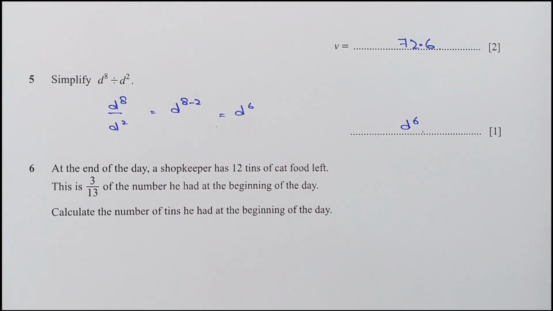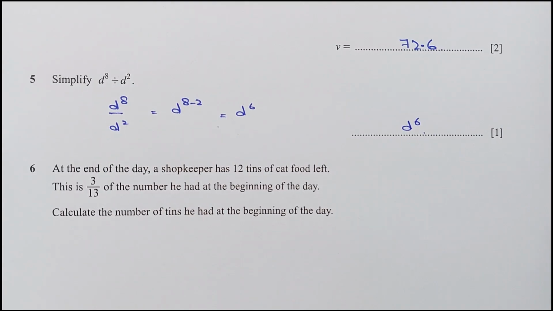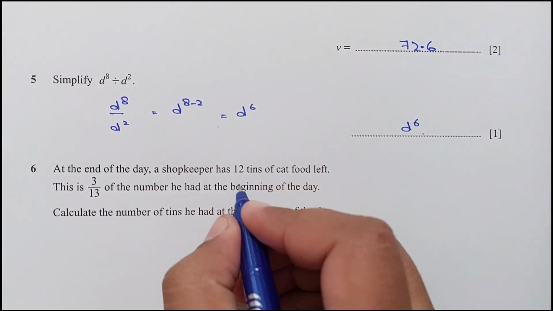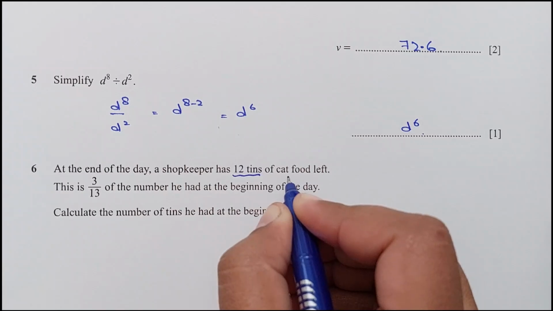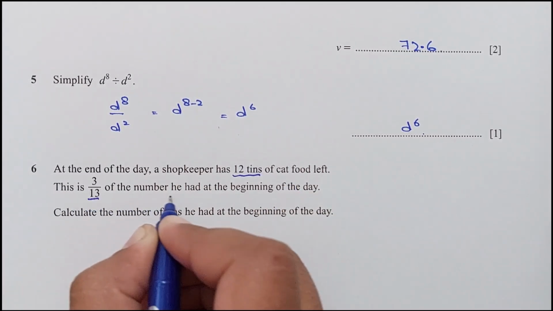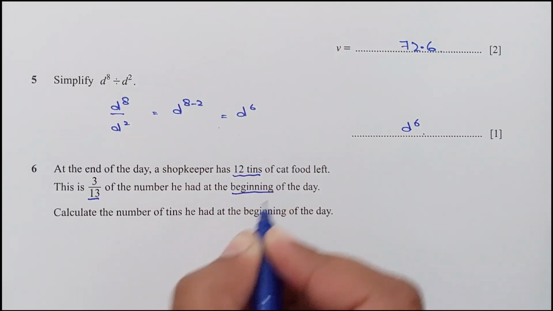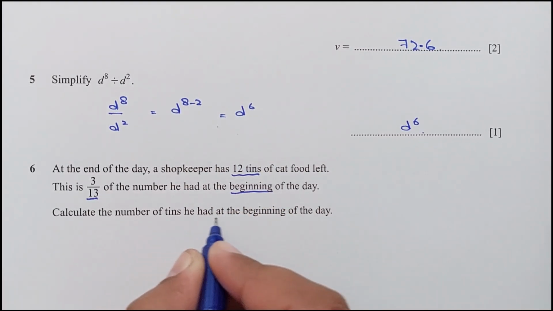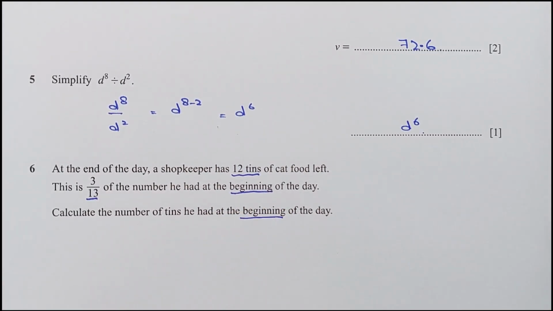Question number 6. At the end of the day, a shopkeeper has 12 tins of cat food left. This is 3 over 13 of the number he had at the beginning of the day. Calculate the number of tins he had at the beginning of the day.